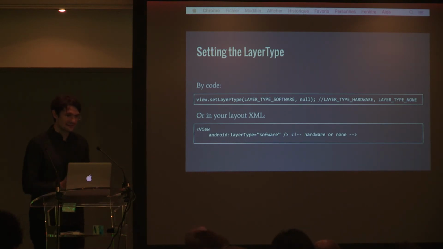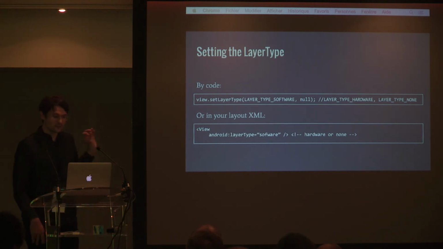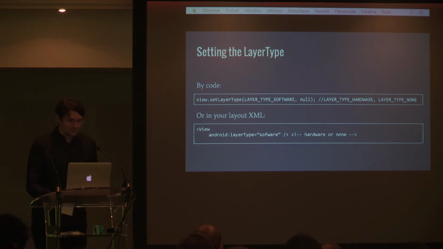Do not do it, as I said, it's a drawing cache. So if you change from software to hardware, it will destroy the software drawing cache and create a hardware one. So it can cause performance issues if you change too often, or when you don't need it. So be careful.